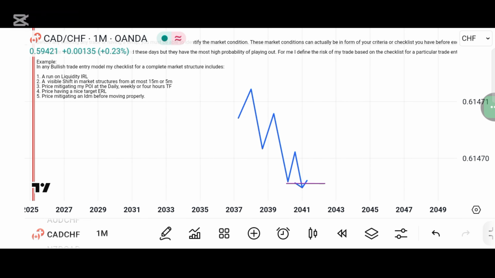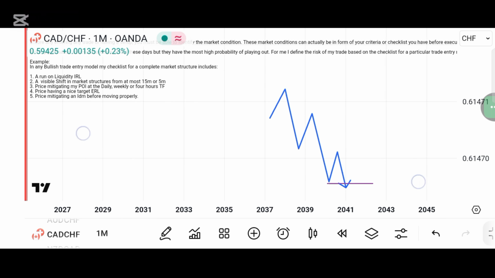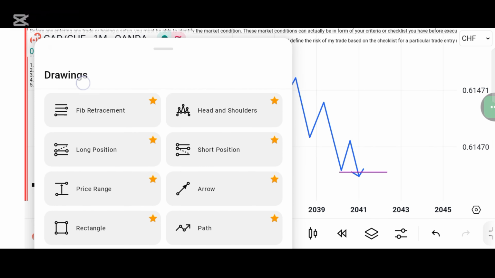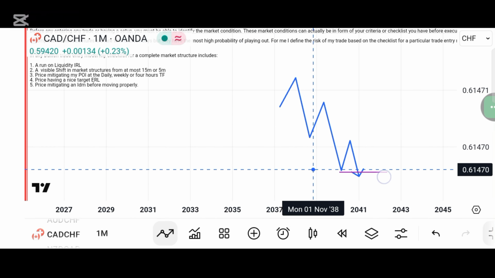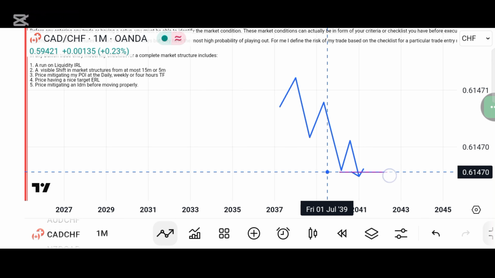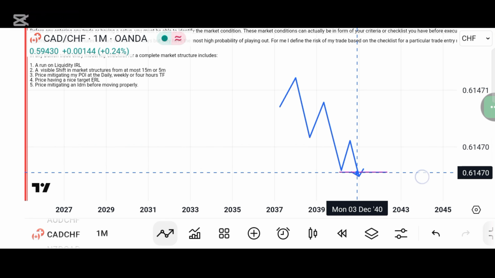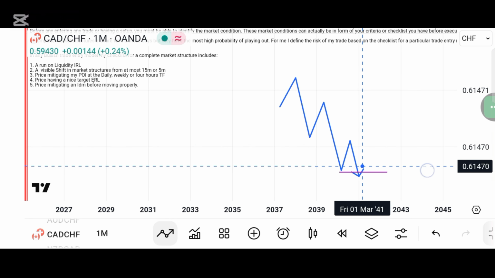Number three is price mitigating my PYI at the daily, weekly, or 4-hour time frame. Let's assume we are viewing this chart from the 4-hour time frame, and price has mitigated our 4-hour PYI, which means checklist one has been passed. Then taking out the IRL, which is this low, internal range liquidity, as price comes in to take it out, just like I explained in my liquidity video.